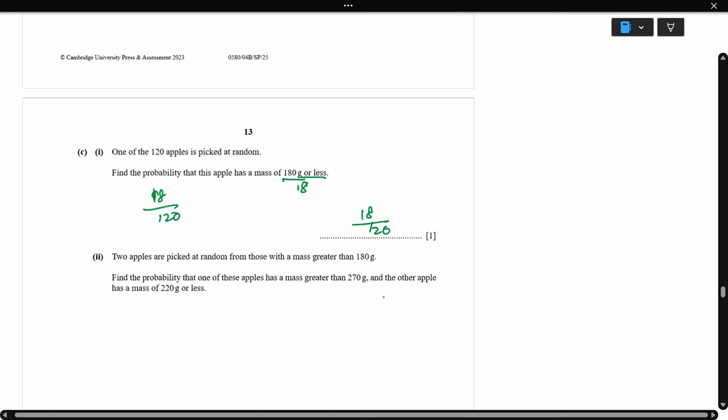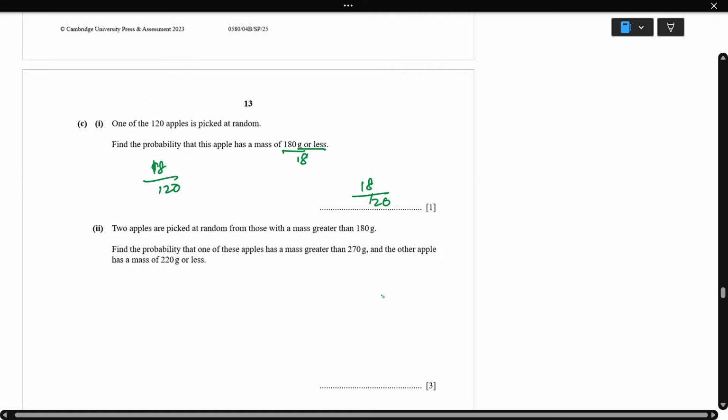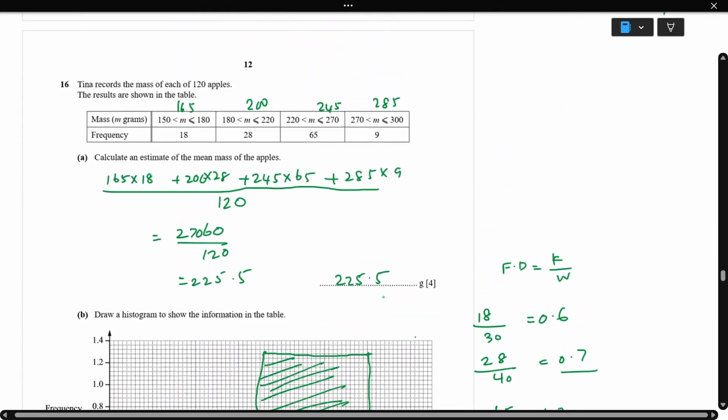Okay, the next question. Two apples are picked at random from those with masses greater than 180.